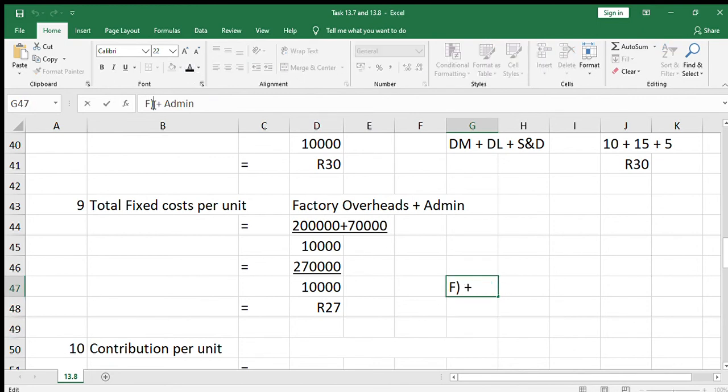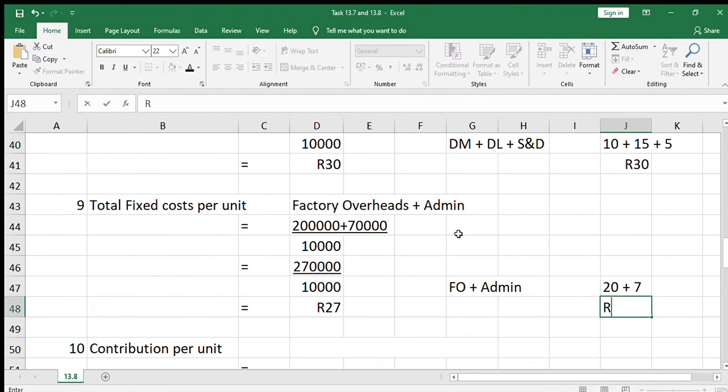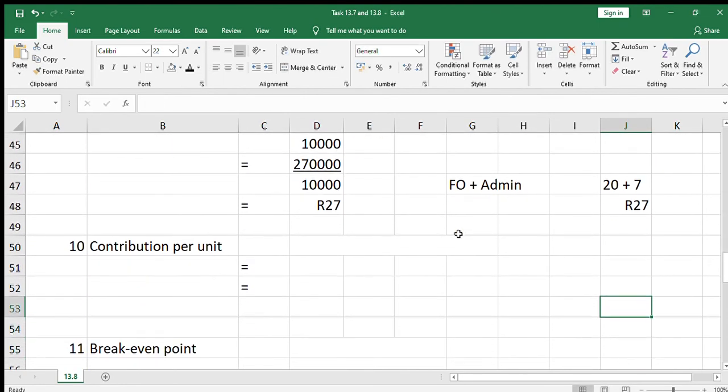Our factory overhead cost per unit was 20 Rand plus our administration cost per unit was 7 Rand, and that would give us an answer of 27 Rand. Then we move on to contribution per unit.